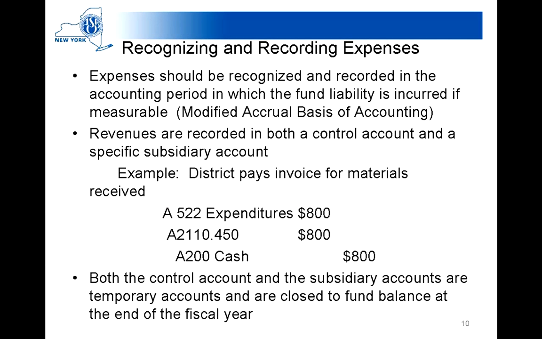It's just internally here we use the numeric number. It's a little quicker on the keypad than an A. These expenses would be the same sort of thing whether it's the general fund, special aid fund, food service fund, capital fund, trust and agency, or debt service. Essentially the basic principles are the same.